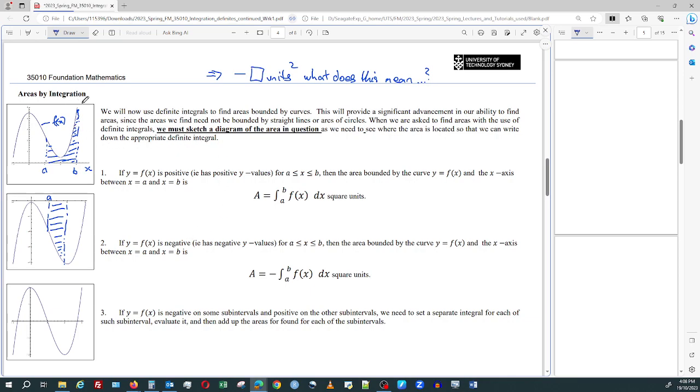So for this one here, we're going to get positive units, whatever the number is, units squared. For this one here, we will actually get negative units squared. That is a little confusing because it implies a negative area, but we don't use the phrase a negative area.